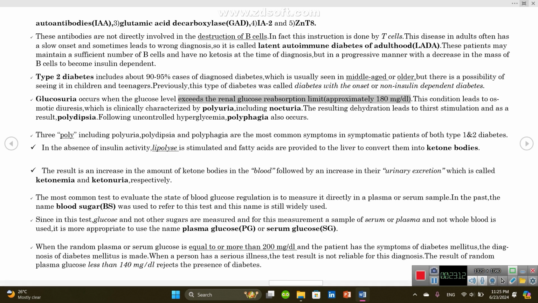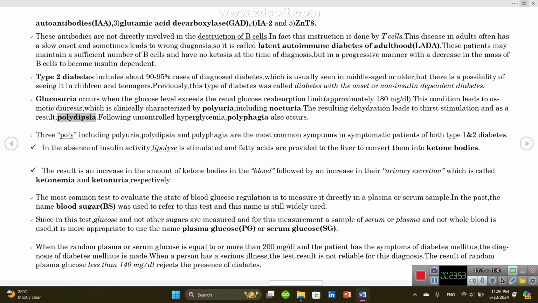This condition leads to osmotic diuresis, which is clinically characterized by polyuria. Polyuria means going to the WC many times to excrete urine, including nocturia, which means urine excretion at night. The resulting dehydration leads to thirst stimulation and, as a result, polydipsia, which means feeling thirsty a lot.